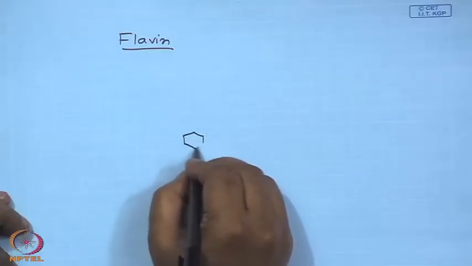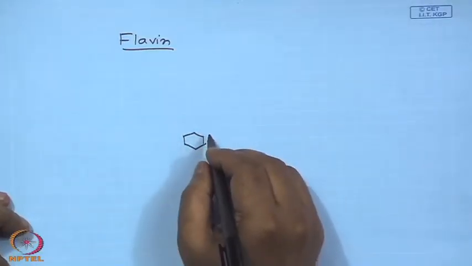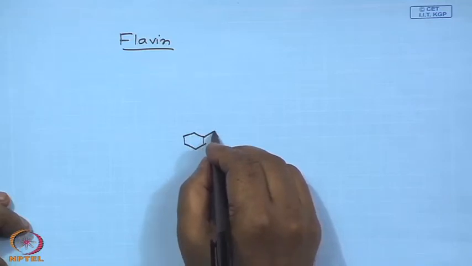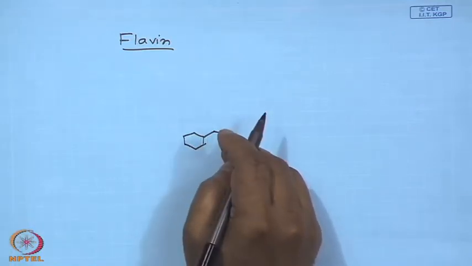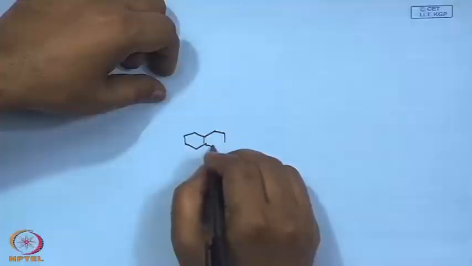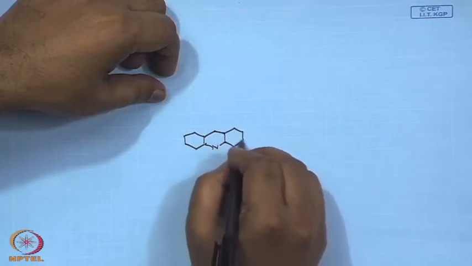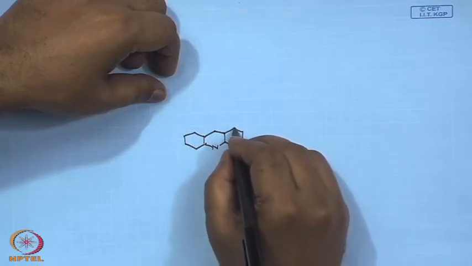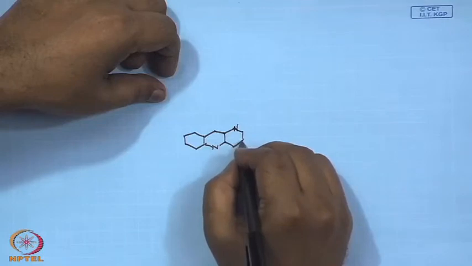Flavin is again a pteridine derivative. So, it is a benzo derivative, okay, and that means there is a nitrogen up here.